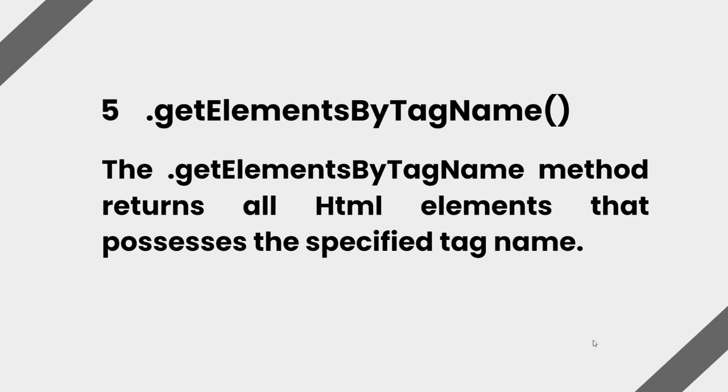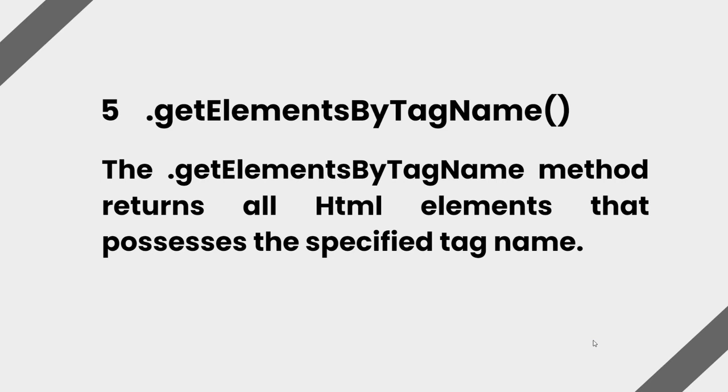The next one we have is the .getElementsByTagName. Of course, this should be self-explanatory since we already know that it ends with the tag name. Now, the .getElementsByTagName method returns all the HTML elements that possess the specified tag name. So we all know what a tag name is.